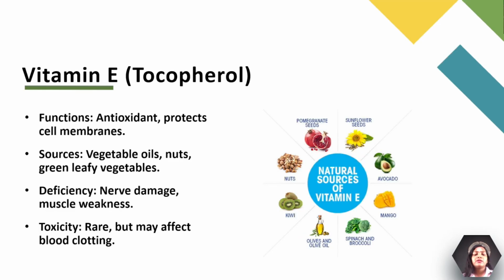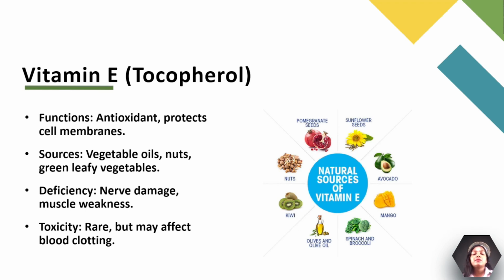Now the third vitamin is tocopherol. As you can see in this picture, there are different sources of vitamin E, like pomegranate, sunflower, avocado, nuts, kiwi, olive oils, spinach and mangoes. Now, what are the different functions played by this vitamin?